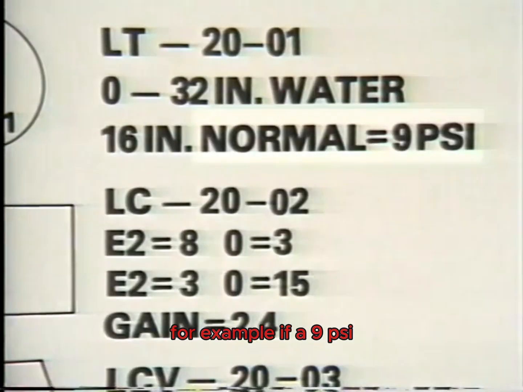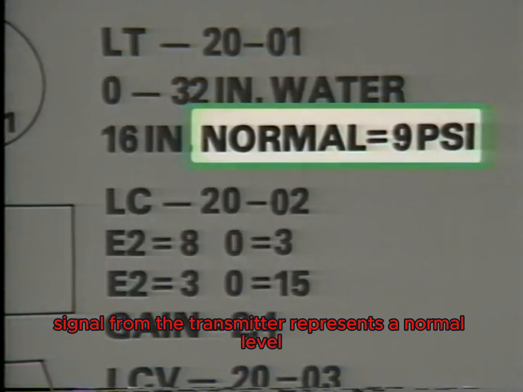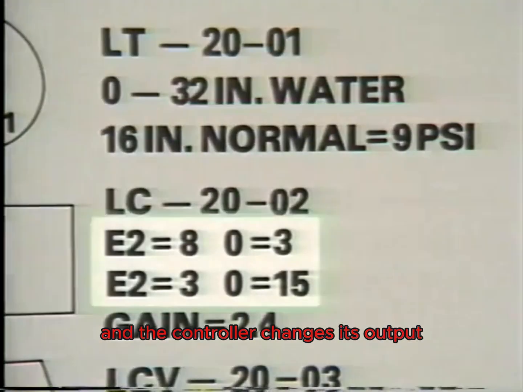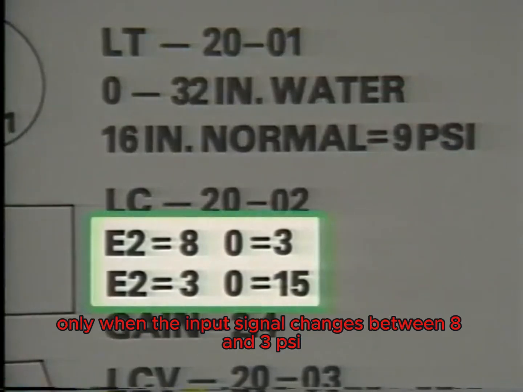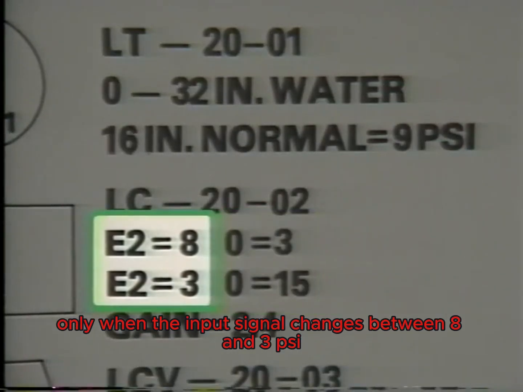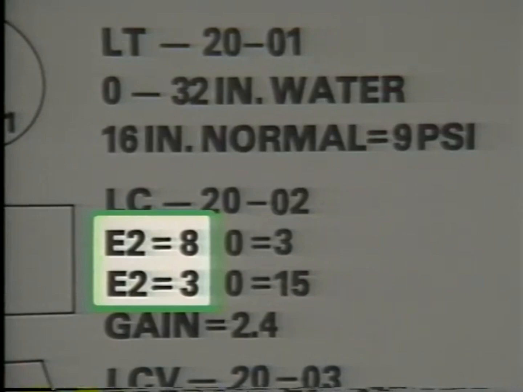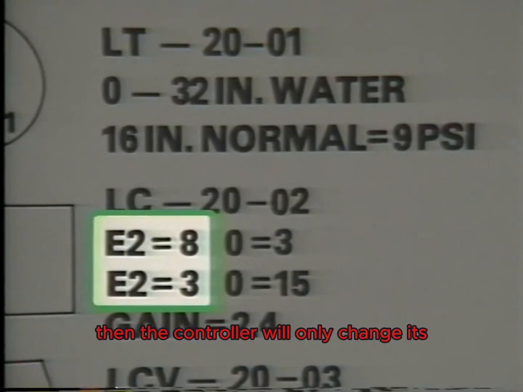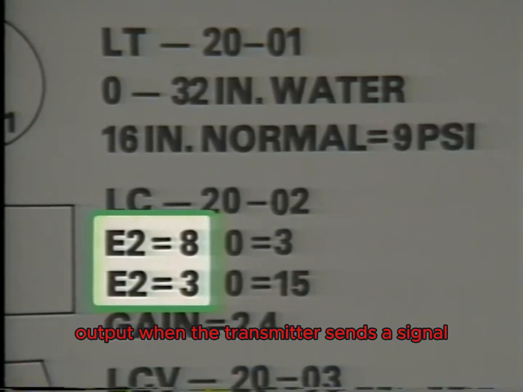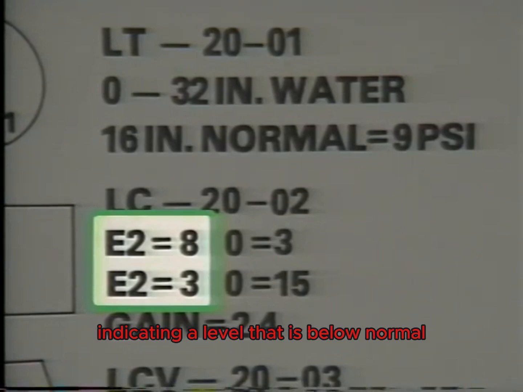For example, if a 9 psi signal from the transmitter represents a normal level, and the controller changes its output only when the input signal changes between 8 and 3 psi, then the controller will only change its output when the transmitter sends a signal indicating a level that is below normal.